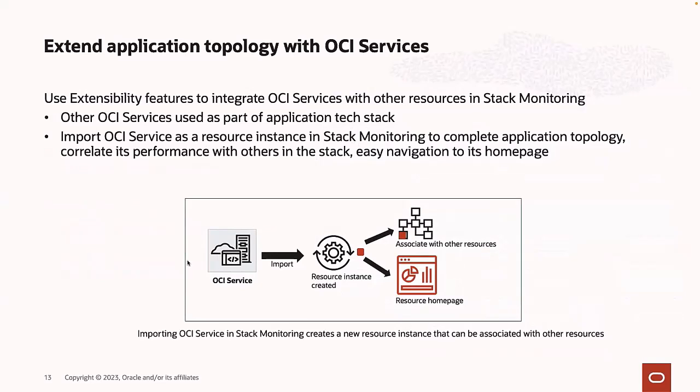Importing resources into Stack Monitoring allows for the application's topology to be completed by creating associations between the imported resource and the existing Stack Monitoring resources. This reduces troubleshooting time by providing access to all resources and their availability and performance metrics of the entire application stack.